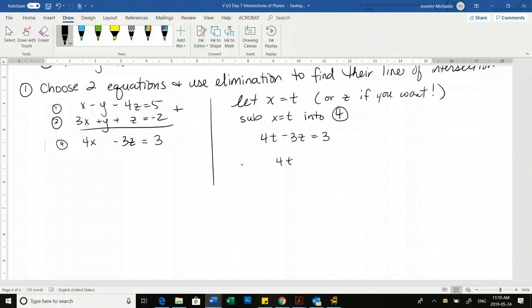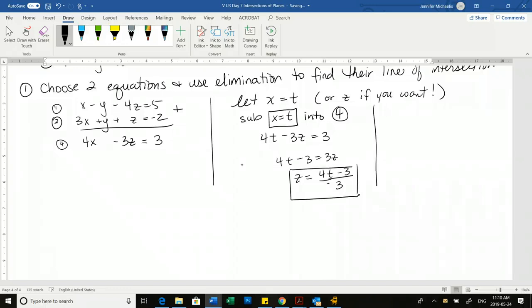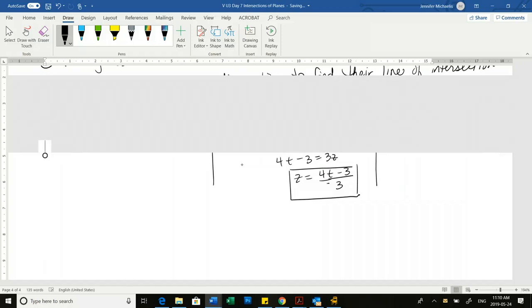So maybe we'll do 4t minus 3 equals 3z, and then just divide out that 3 there. Okay, so this is our first part of the parametric equations, our second part, and then we're going to sub x equals t and z equals this.